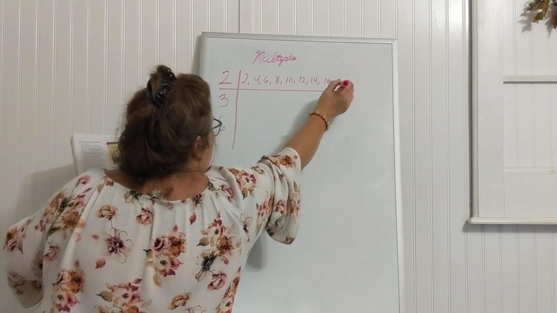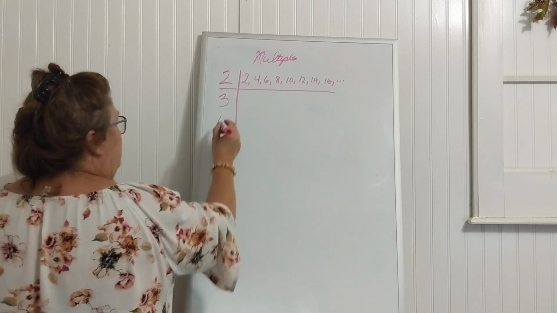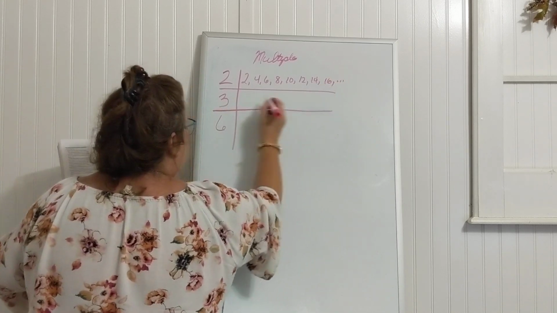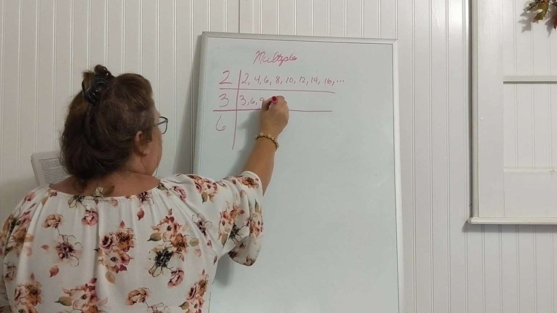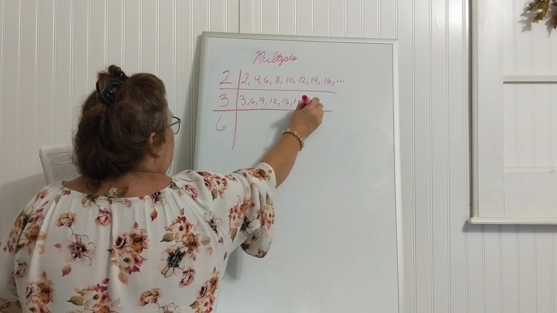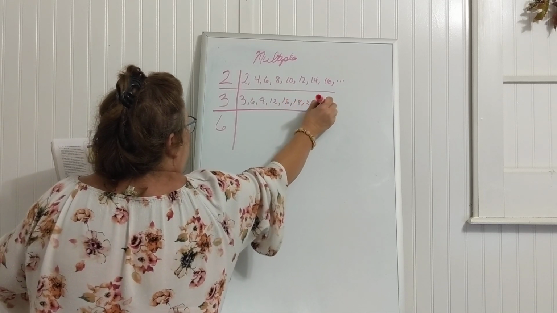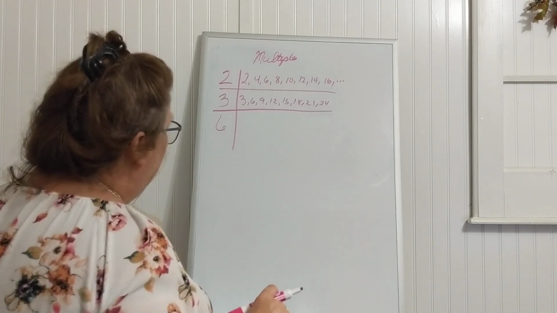Multiples of 3, we would say 3, 6, 9, 12, 15, 18, 21, 24, and it could just go on and on and on.